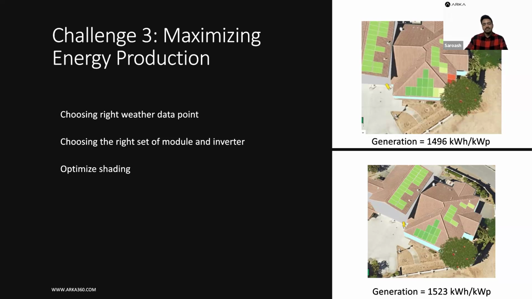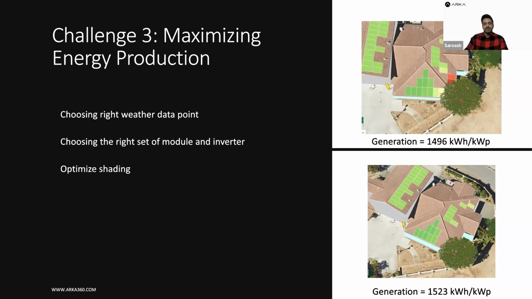Another problem I've seen is people not choosing the right set of module and inverter. It's been happening in the industry a lot. For some reason or no reason, people are using optimizers where there is no shading, increasing the cost of the installation, and that doesn't make sense.